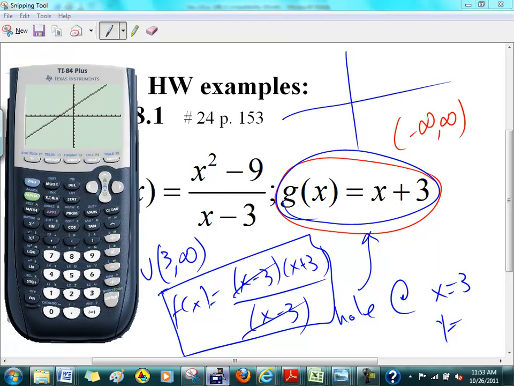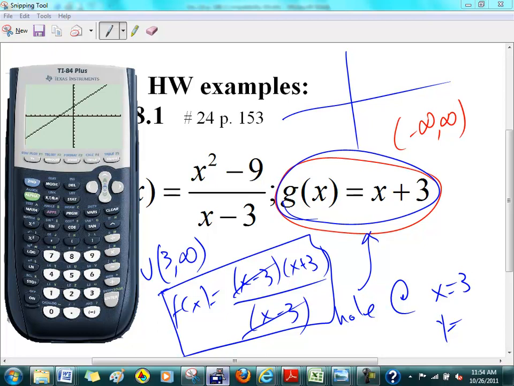Okay, so now the question to you is that somewhere on this graph, there's a hole. What x, y value will there be a hole at? 3 what? It's going to be at 3. Does it make sense why it'd be at 3, 6?